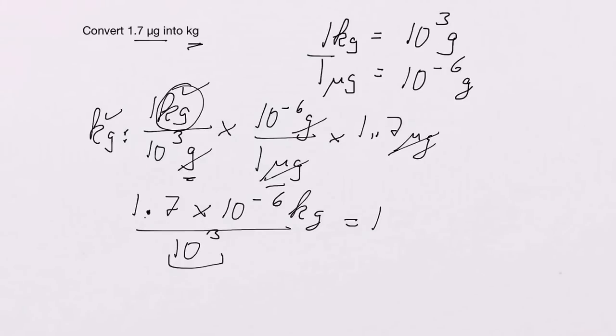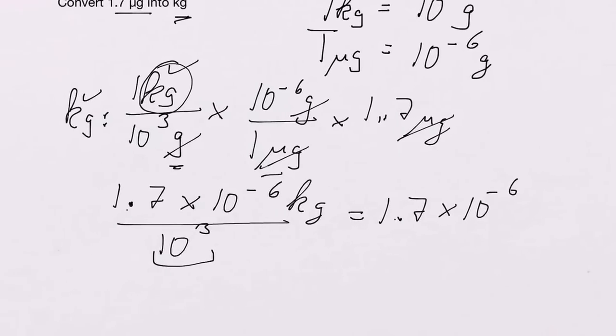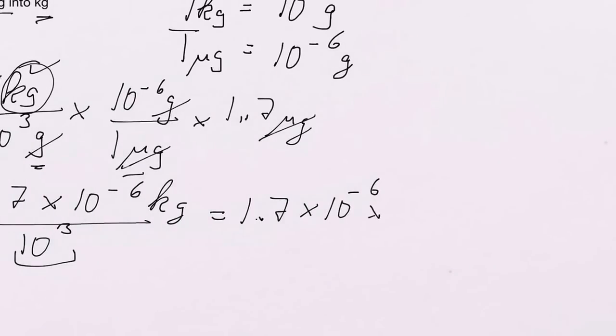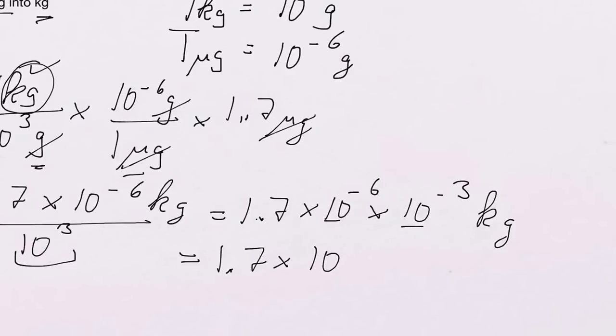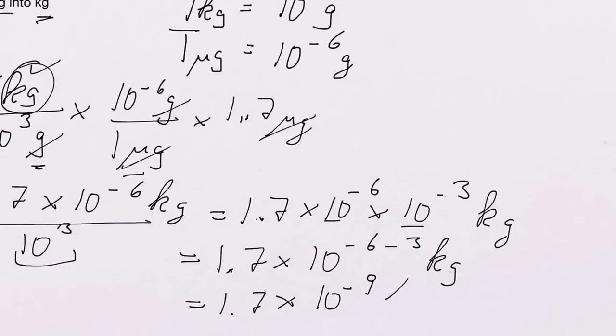So I would end up with 1.7 times 10 to the minus 6 times 10 to the minus 3, and the unit still would be kilograms. I've got that here at the same base, so I can write this as 1.7 times 10 to the minus 6 minus 3 kilograms, and that would be 1.7 times 10 to the minus 9 kilograms.